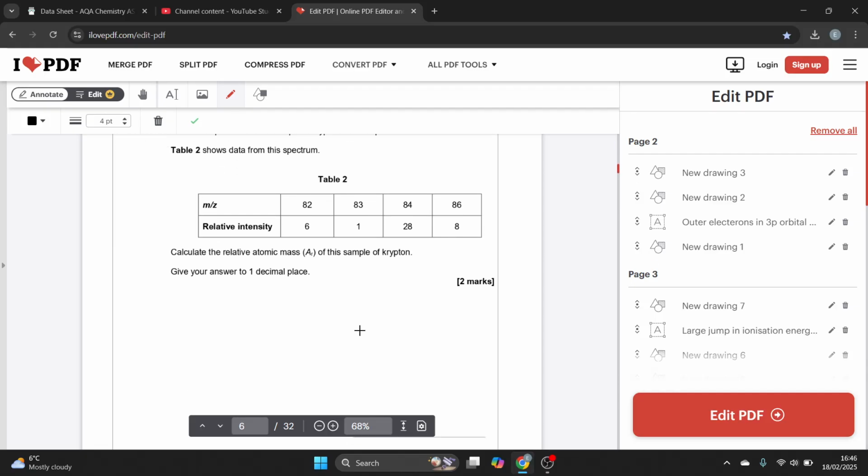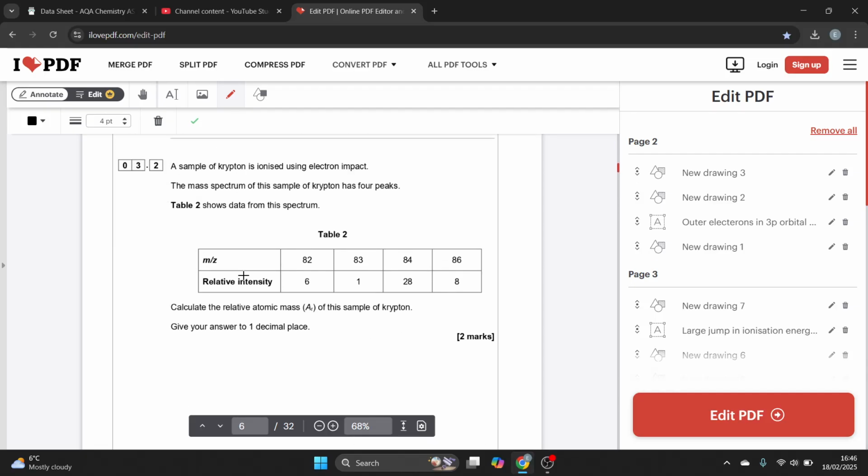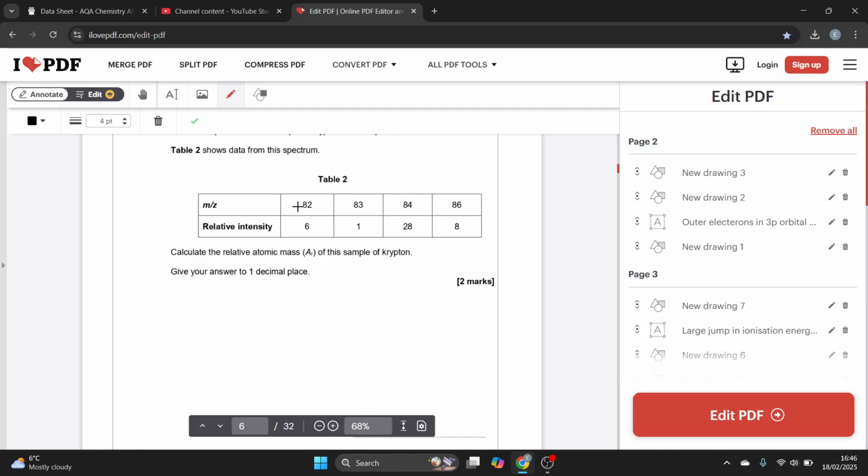Calculate the relative atomic mass of this sample of krypton, giving the answer to 1 decimal place. So what you would do is multiply each mass by its abundance, add them all up, and divide by the total. I'll put that in the calculator: 82 times 6 plus 83 times 1 plus 84 times 28 plus 86 times 8, divided by 6 plus 1 plus 28 plus 8.